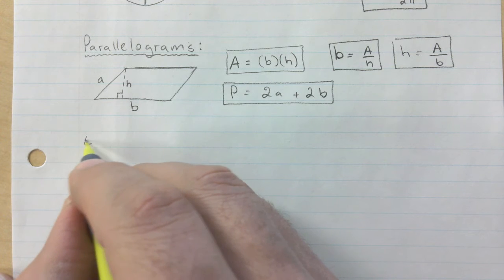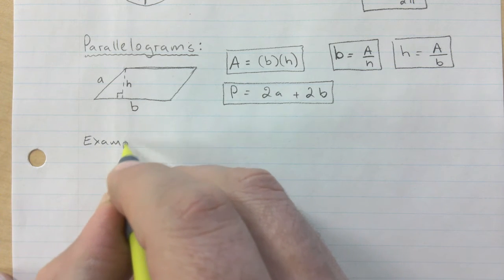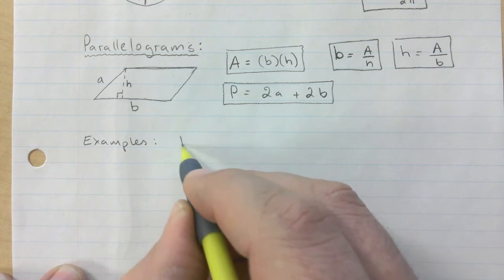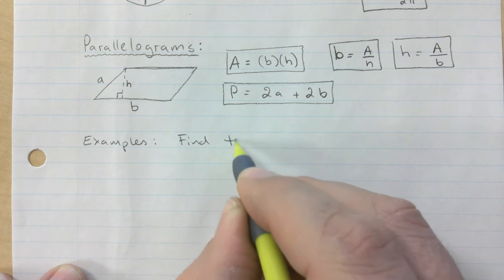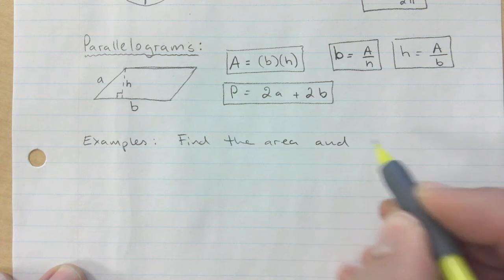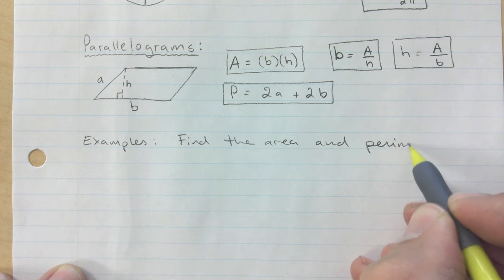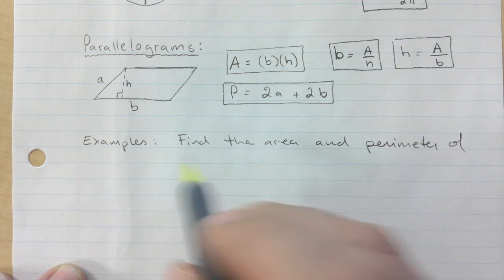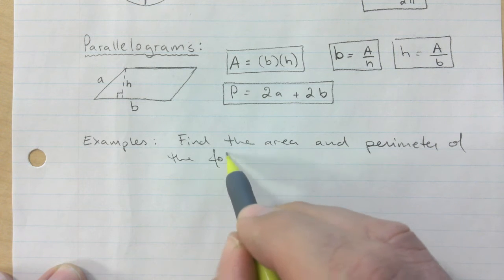Okay, so examples. Find the area and perimeter of the following.